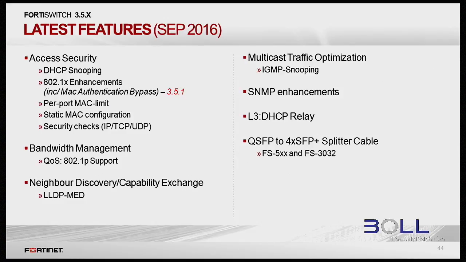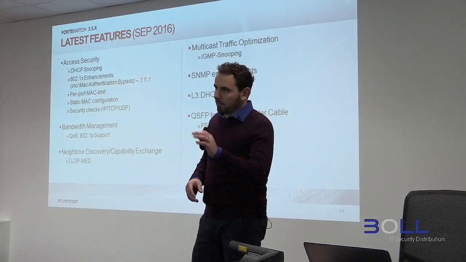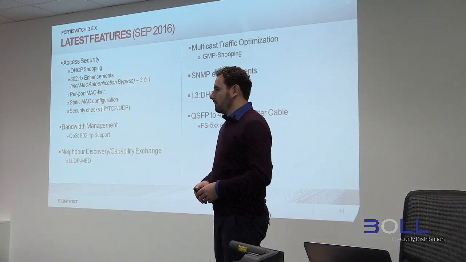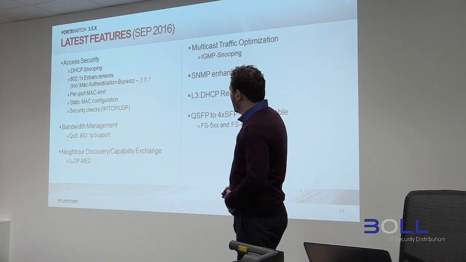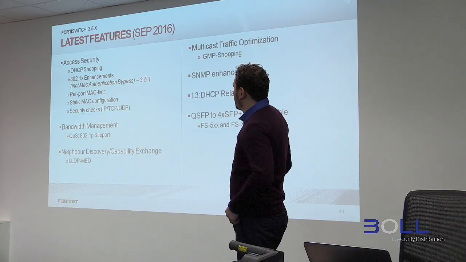MAC limit for the ports, right? Also some security checks are done in the chipset, like a packet with TCP flags SYN and FIN, so anomalies, right? It will check for anomalies in the packets and just drop them without any impact on the system.